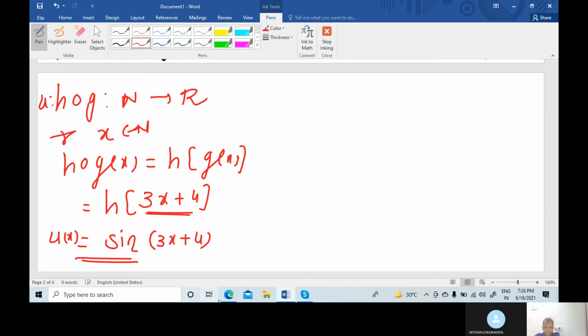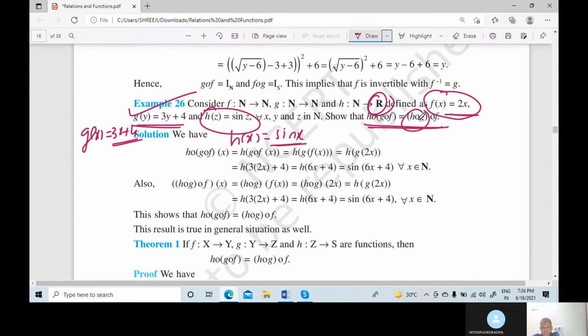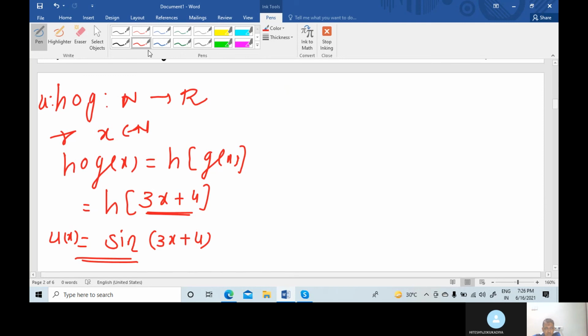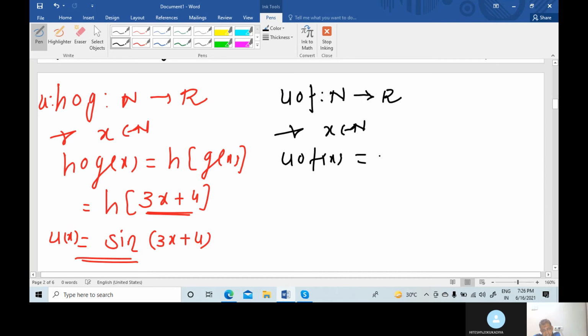Clear? Now our question is (h∘g)∘f. Here h∘g is u, so u∘f. Take the domain of f and the codomain of u as R. Every x belongs to N. u(f(x)) equals u of f(x).